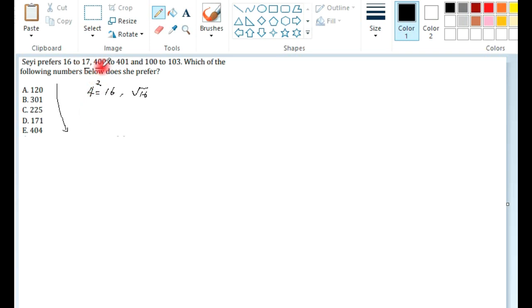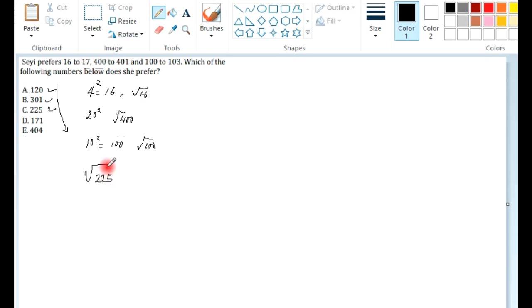400, you can actually take the square root of 400, I think that should be 20, right? Then similarly for 10, this is 10 squared, it should be 100, and you can take the square root of 100. In this case, we can't do that for this, we can't do that for this, but we can do it for this guy. So we can take the square root of 225.